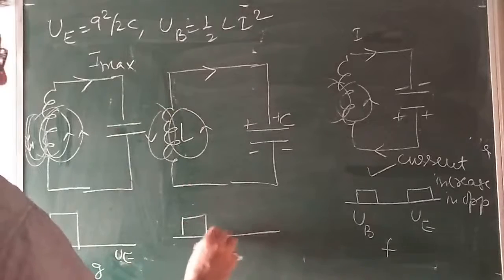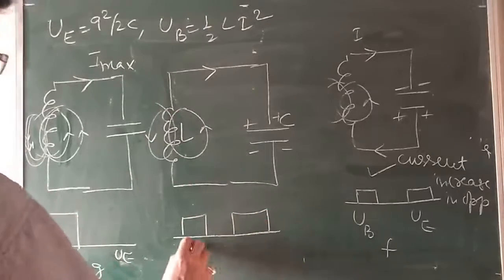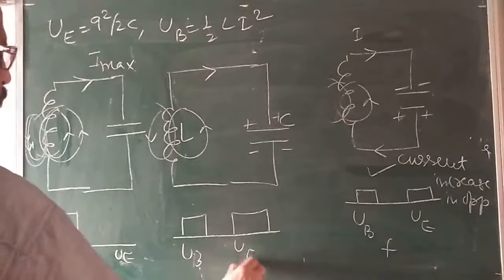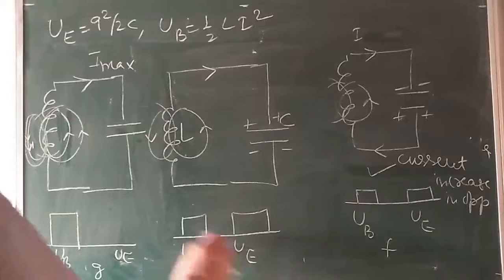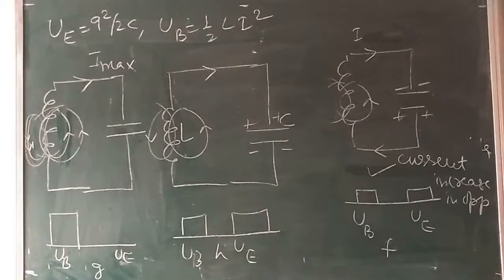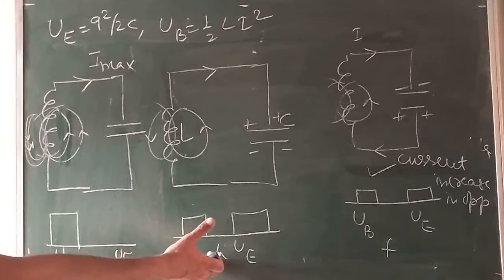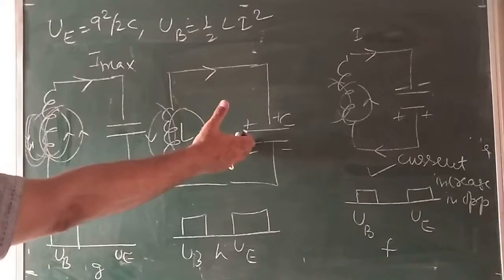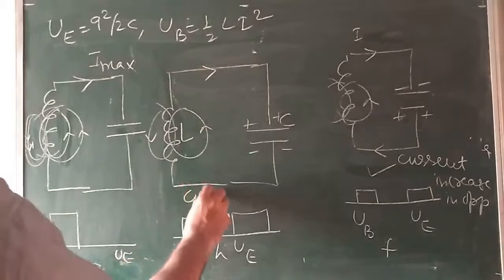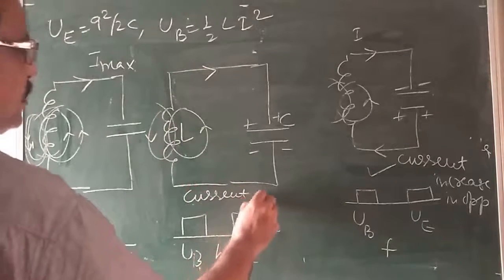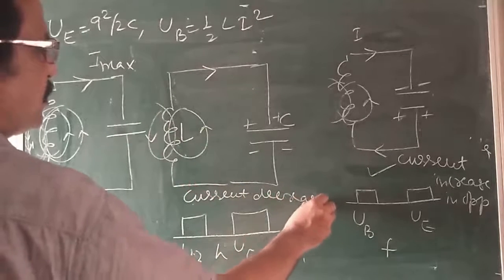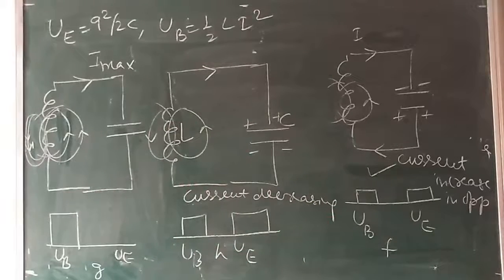On the eighth stage again the bar graph is something like this, G, and this is H. So the stage H again shows the charging of the capacitor with current decreasing, as shown in this figure, and we can see this cycle is being repeated again and again.